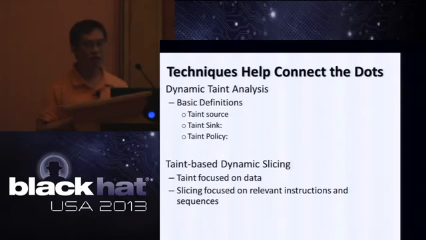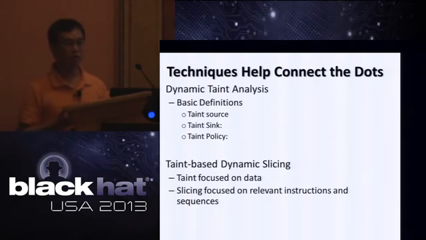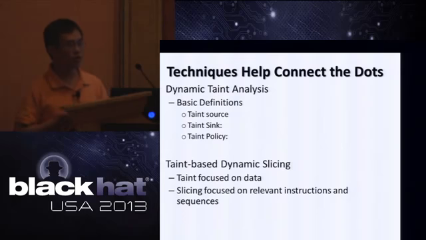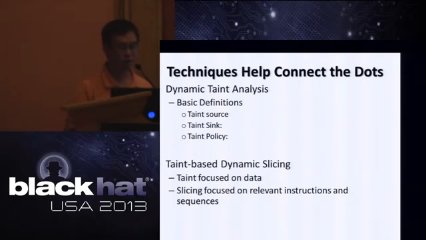So in a vulnerability context, the taint source usually can be your input, the input that the user has control of. The sink could be the return address or EIP register, things like this with security implications. A taint policy, the most commonly used one, is data policies: your source somehow affects the value of your sink.